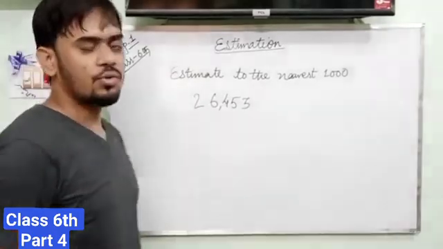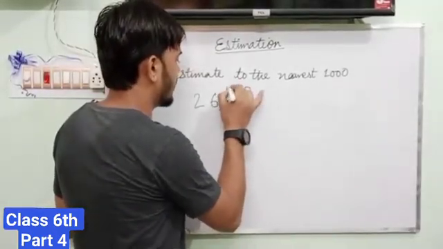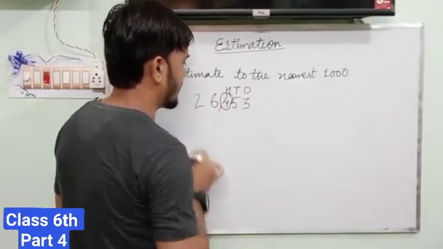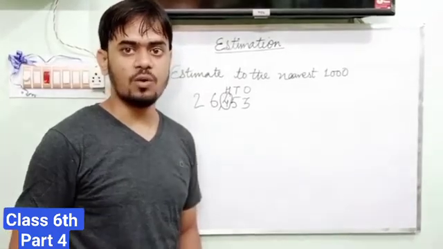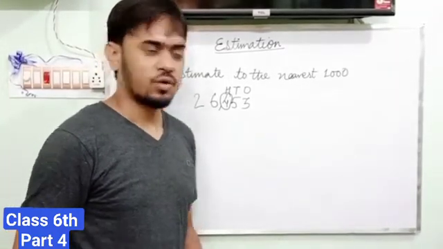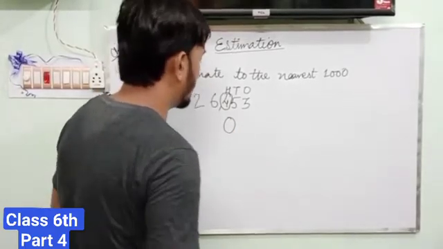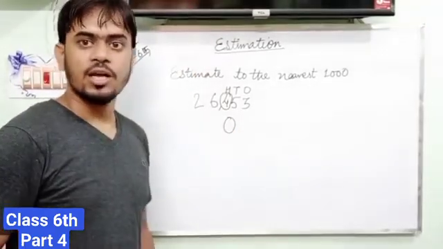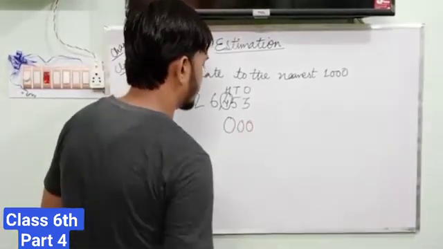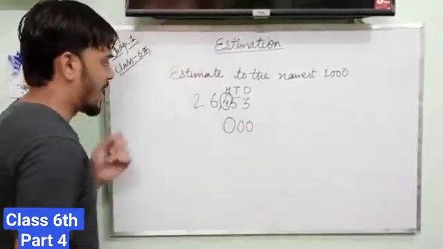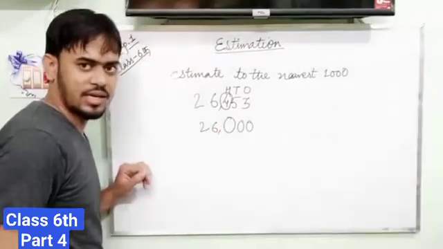Then you examine the hundreds place: ones, tens, hundreds. This is your hundreds place digit. If your hundreds place digit is less than 5, like 1, 2, 3, 4, the hundreds place digit will be replaced by 0, and your tens digit and ones digit are also changed to 0, and the rest of the digits remain the same.